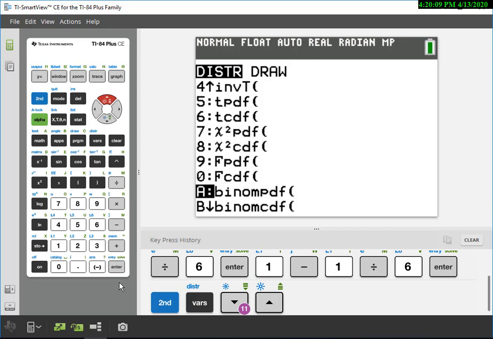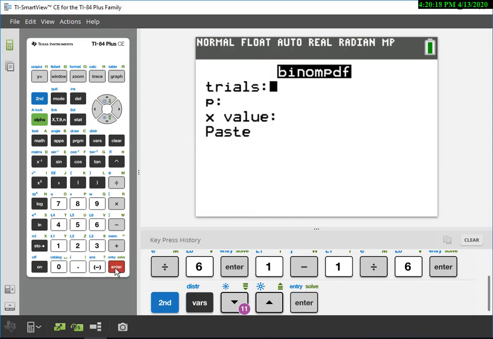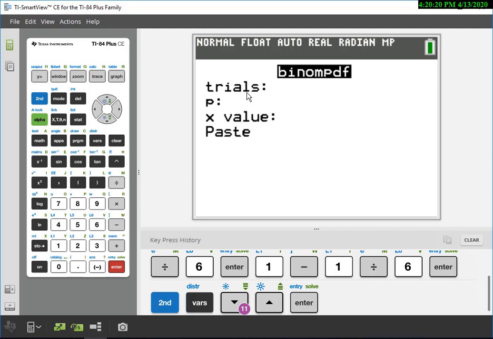So let's say that we want to calculate the probability of an exact binomial distribution. Let's just go ahead and select binomial PDF. Now, the trials is the number of times that the experiment is conducted. The P is the probability of success. But remember that success and failure you can interchange.